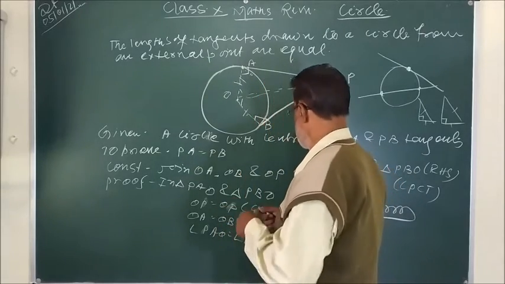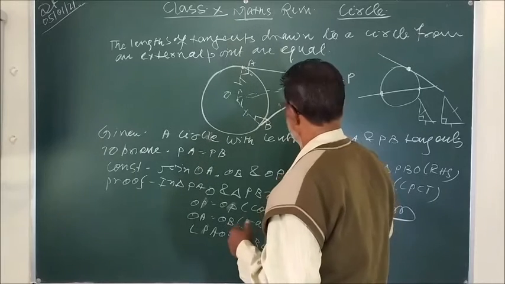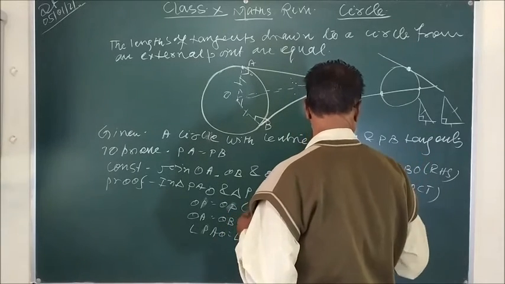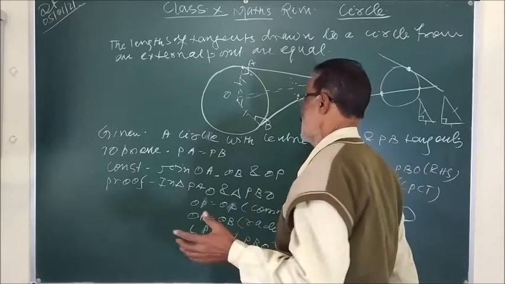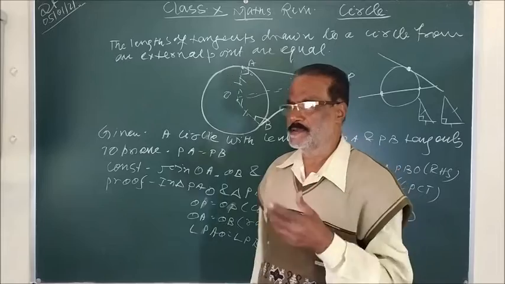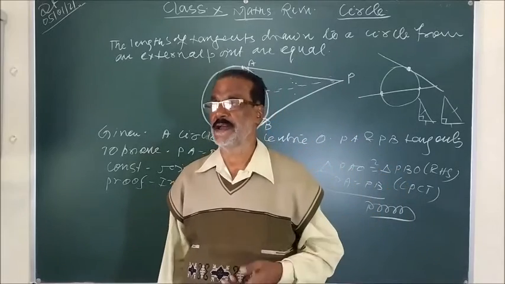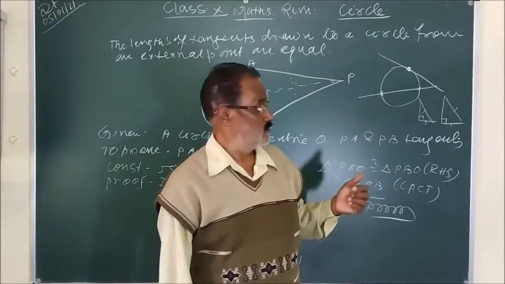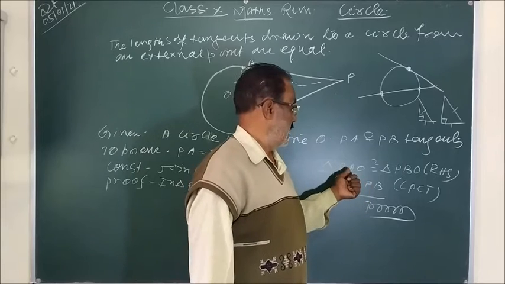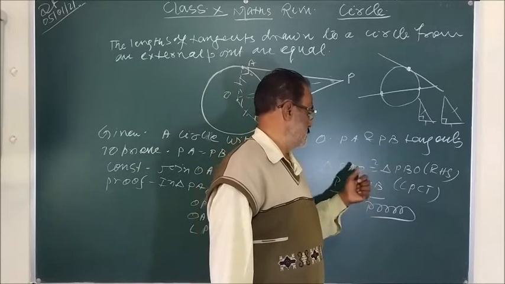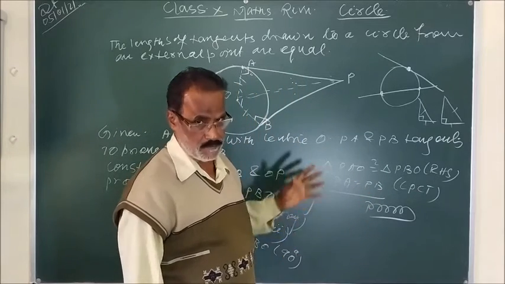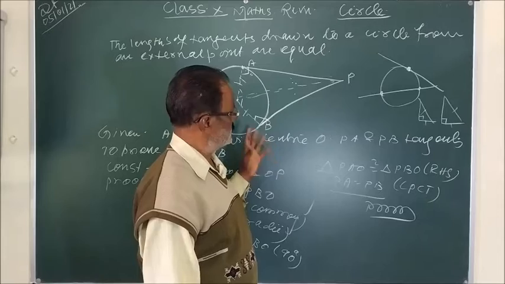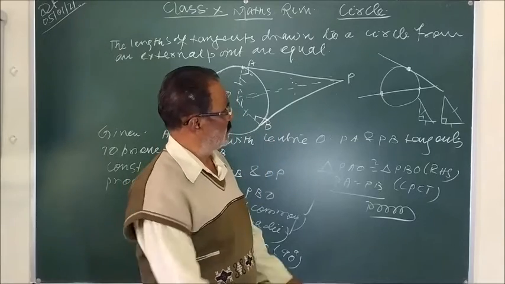So my dear, these two triangles are proved congruent by the RHS theorem. And you know, when the triangles are congruent, corresponding sides are equal. So the corresponding side of PA will be PB, so PA is equal to PB. And this was to be proved. So this is a very, very simple theorem.